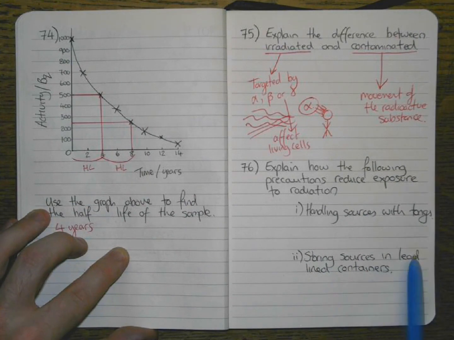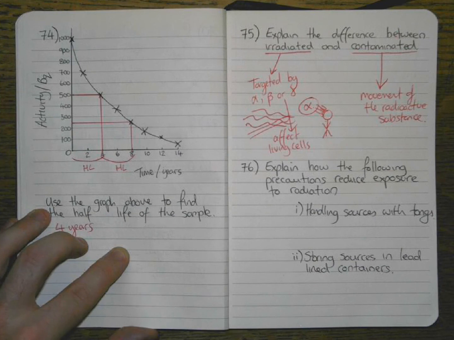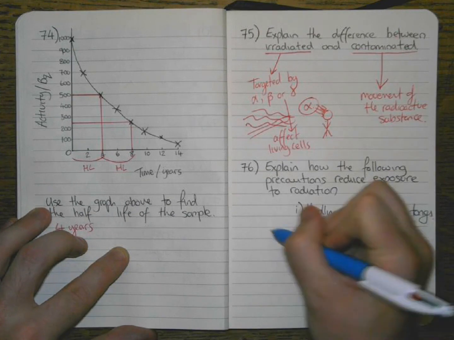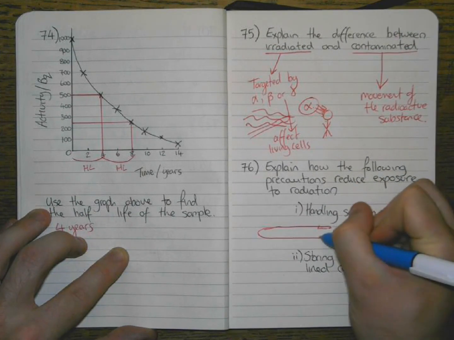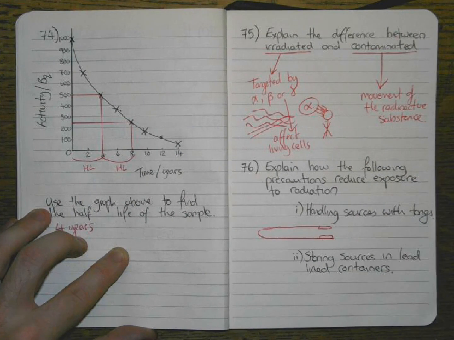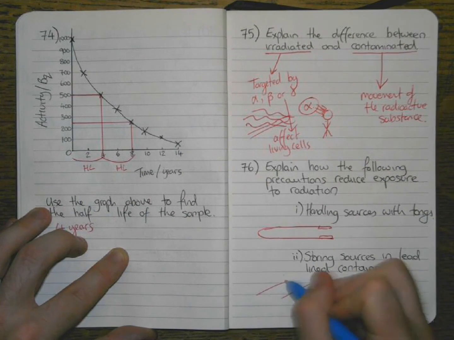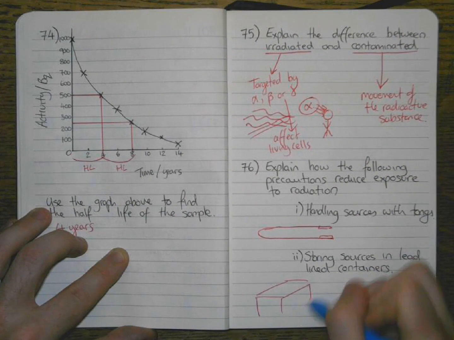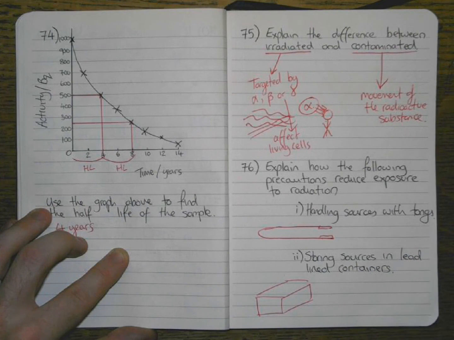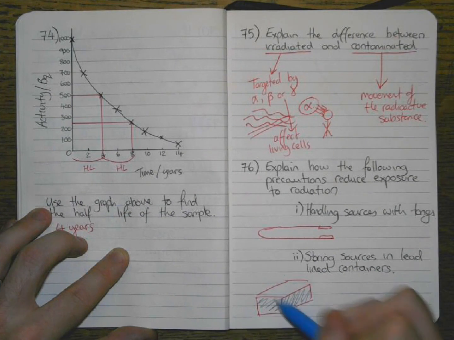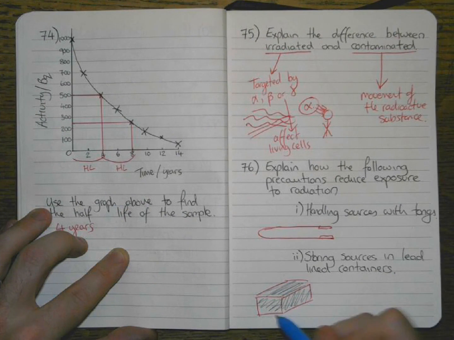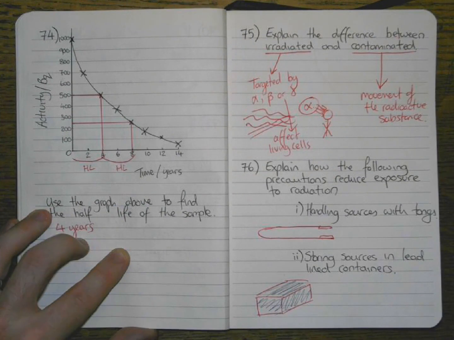Why do we store sources in lead-lined containers? So we've got tongs which hold the radioactive substance, and we've also got lead-lined boxes, so basically the sides and the top and the bottom are made of lead. Have a go yourself and check the answer in a couple of seconds.